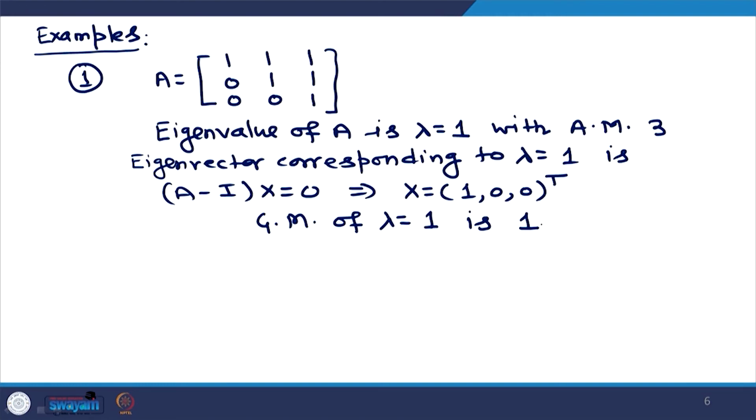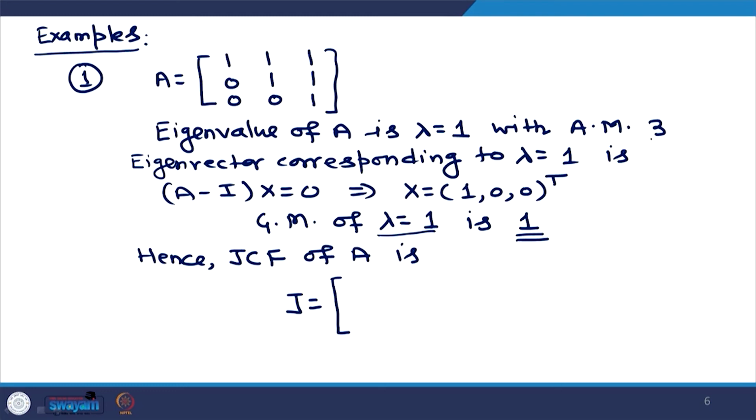So, we have to go for Jordan canonical transformation, but before that, how to write the Jordan canonical form of A. Hence, the Jordan canonical form, in short JCF of A, is: you see here, geometric multiplicity gives you the number of Jordan blocks. So, what is the number of Jordan blocks corresponding to lambda equals 1? That is 1.